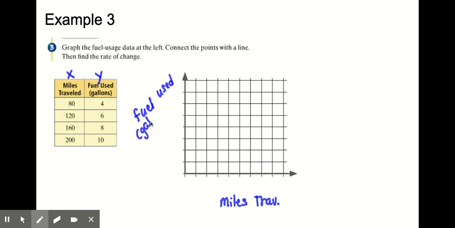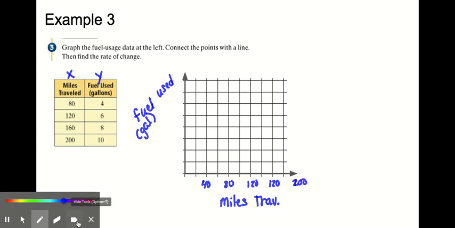In gallons. So miles. All right, I see I'm counting by 40s, but I start at 80. Well, all right. So 40, 80, 120, 160. This line out here, if I had another one, would be 200. Let me fix this.